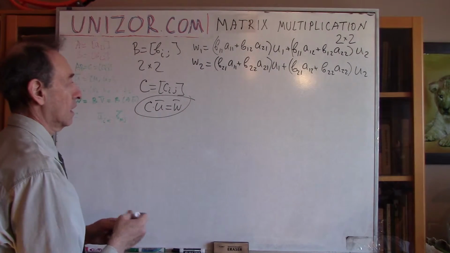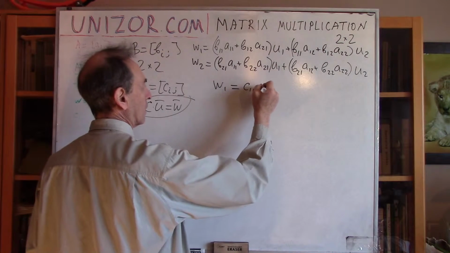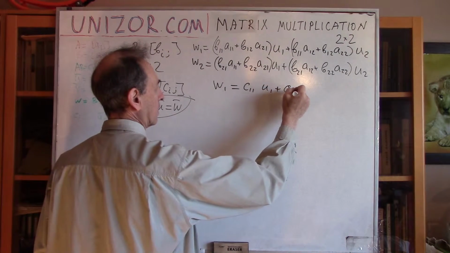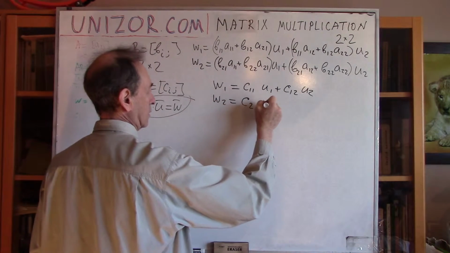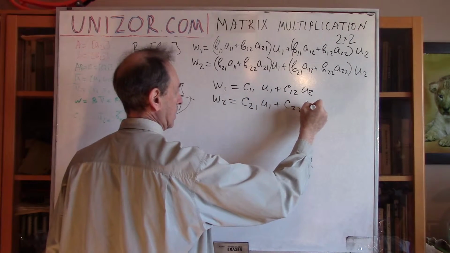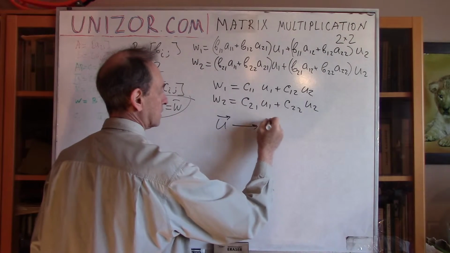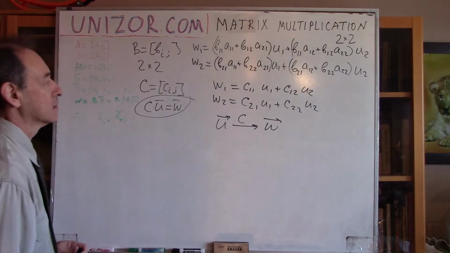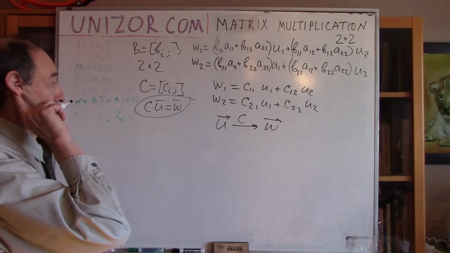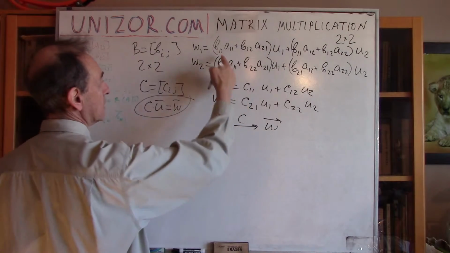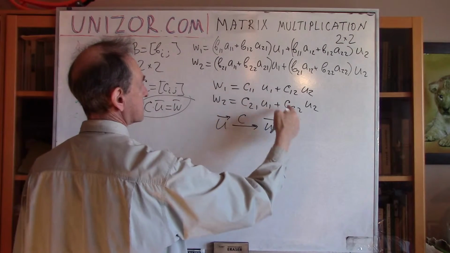So if I'm looking for a transformation from vector U to vector W with some matrix C, then these are my coefficients, right? I already expressed it this way. So C11 is this, C12 is this, C21 is this, and C22 is this.